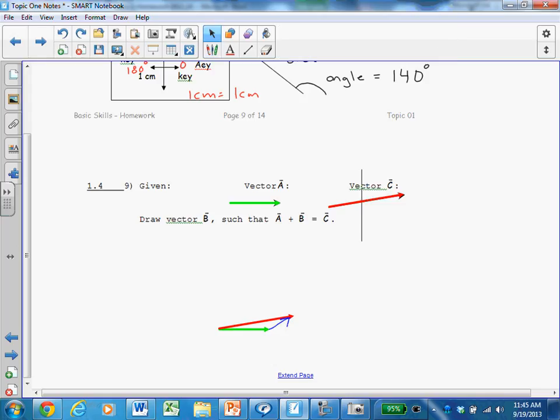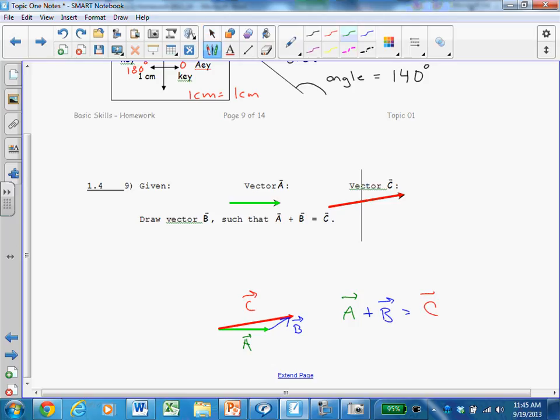So now we can see it, right? A plus B equals C. Just to make it colorful.